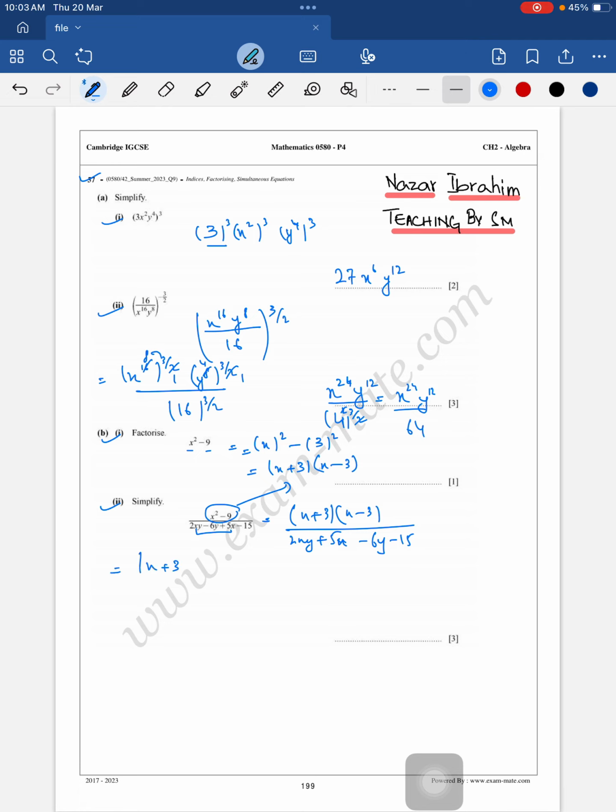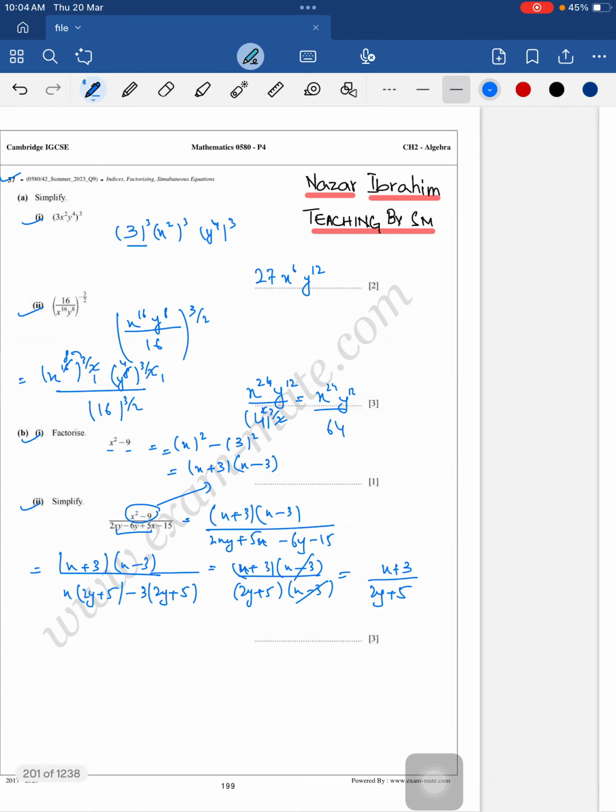Let us see how. x common means 2y plus 5, minus 3 common means 2y plus 5. So this implies x plus 3, x minus 3 over 2y plus 5, x minus 3. So this cancels, we get x plus 3 upon 2y plus 5.